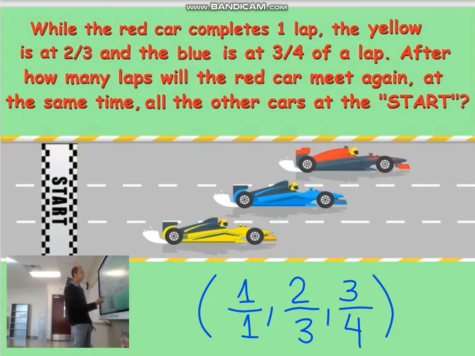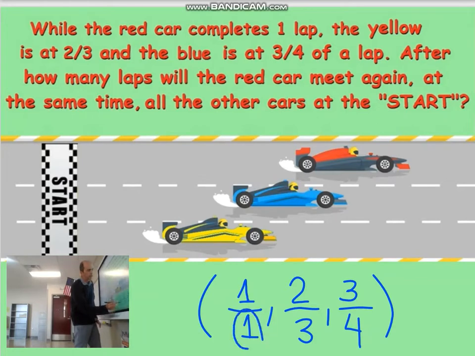That means they are completing laps. They complete an integer number of laps. And this is the least common denominator. It's the smaller number that you multiply by a bunch of fractions, and you make them all integers.